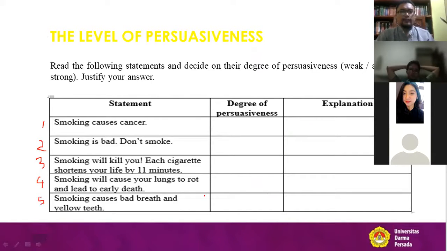Okay. Now, what you do now is try to decide whether these statements are weak, not that persuasive, average, meaning just medium, not weak and not strong, or whether they have some kind of strong persuasion, right?